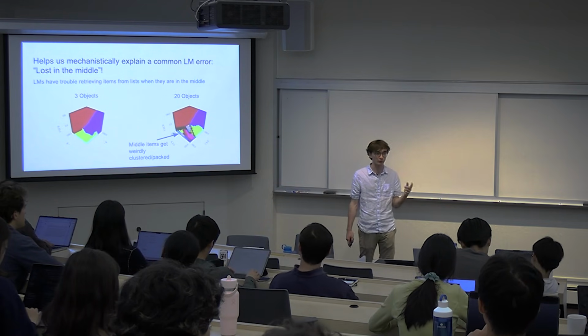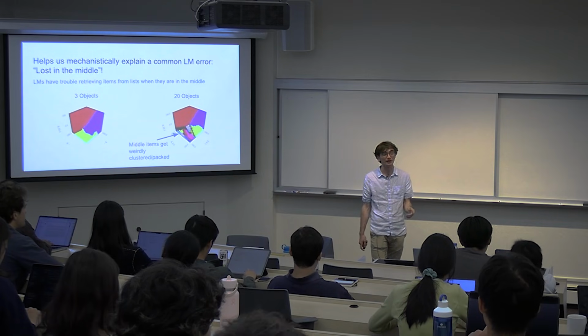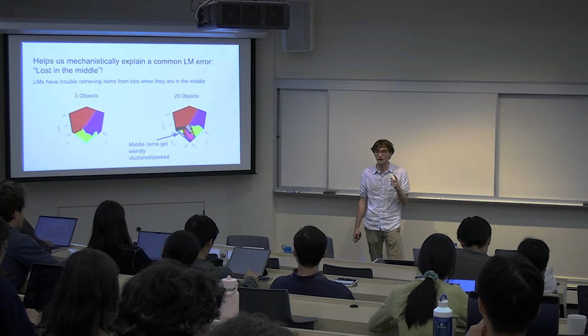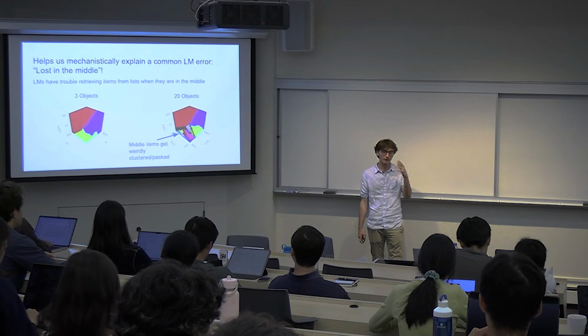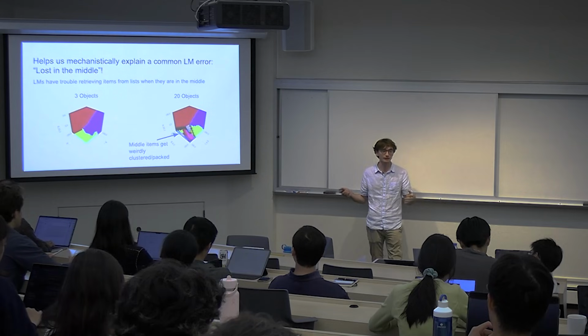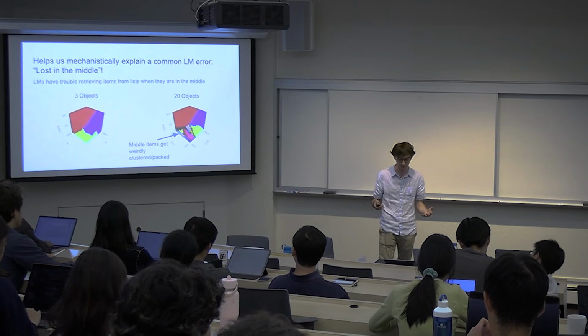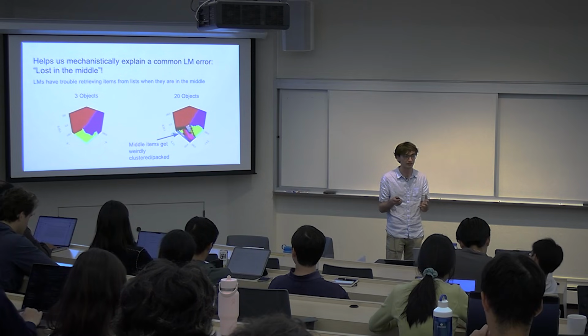What do we do with this? There's a number of things. I cut these slides out; I thought I'd have a little less time. But one thing we'd like to be able to do is, okay, this is a behavior that affects a family of tasks.